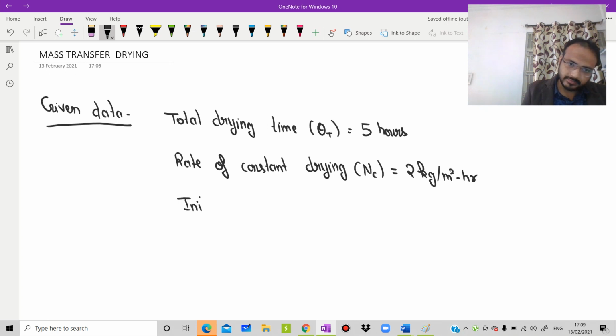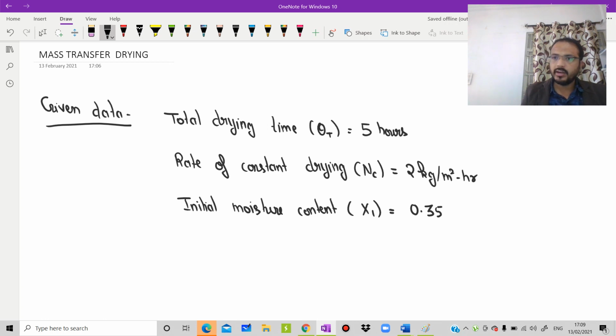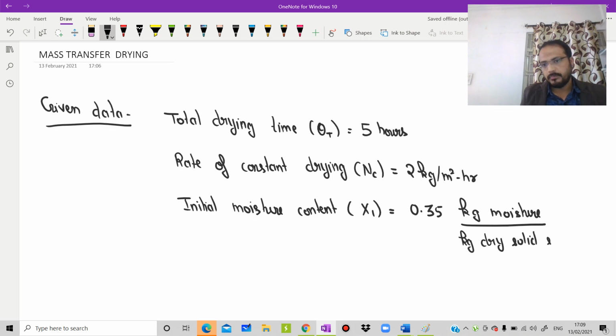Initial moisture content, that is x1, is 0.35, and all these moisture contents are given on dry basis. It means kg of moisture per kg dry solid.